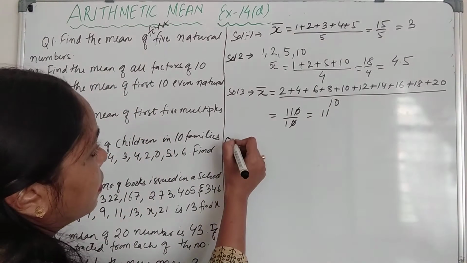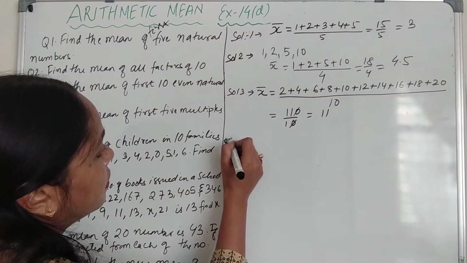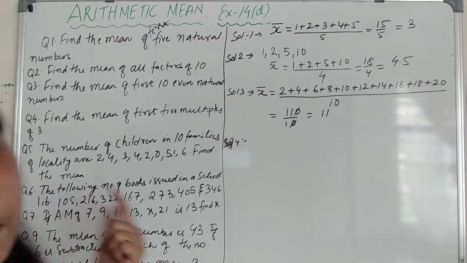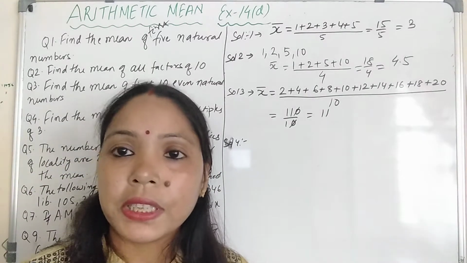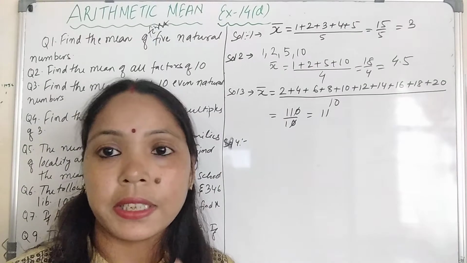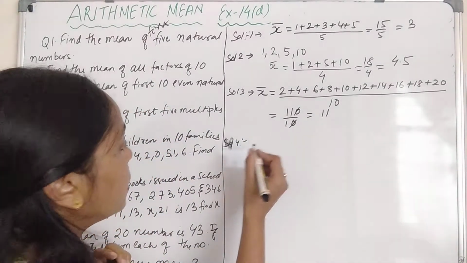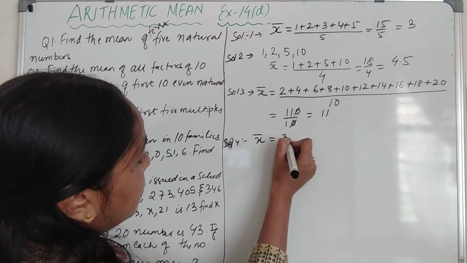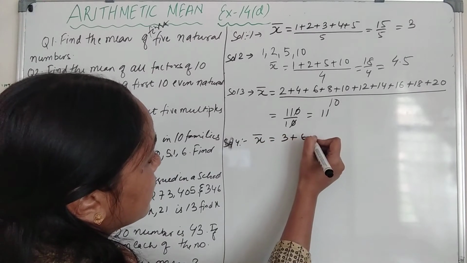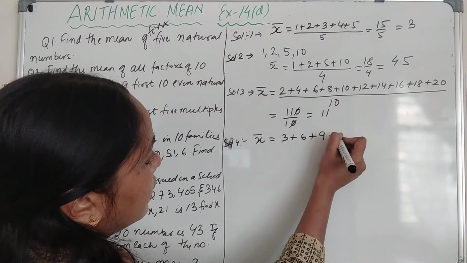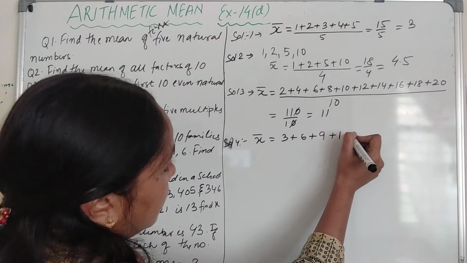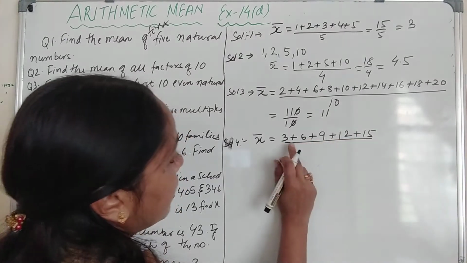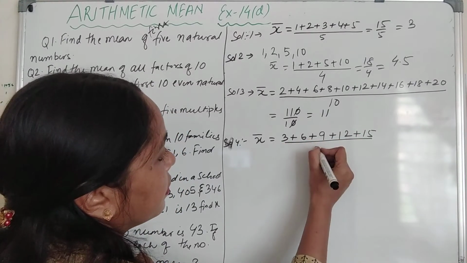Now question number 4. Find the mean of first 5 multiples of 3. Now the multiplication table of 3, and you have to consider till 5 numbers. So x bar is equal to 3 1s are 3 plus 3 2s are 6 plus 3 3s are 9 plus 3 4s are 12 plus 3 5s are 15 divided by 1, 2, 3, 4, 5.